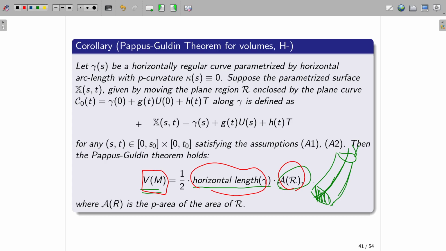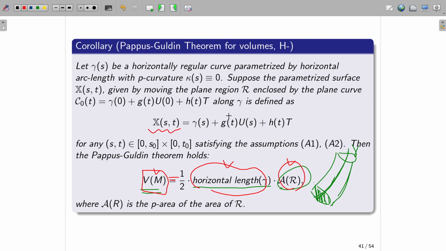So we just substitute the surface and calculate those three things: volume, length, and P area, and see when they are equal to each other, to see when the identity holds.